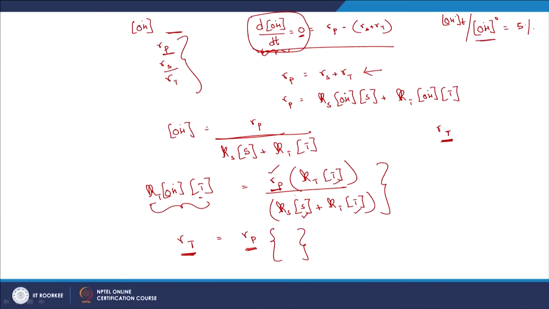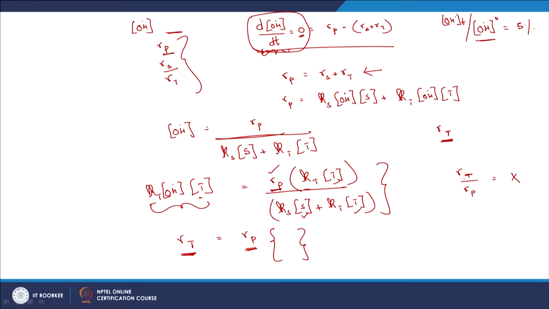And obviously, if you look at this set of variables here, Kt times T by Ks times S plus Kt times T, what is that giving you an idea about? It gives you an idea about the rate of loss of the target with respect to the rate of production of your radical, right. That is what we see here. This particular variable, let us say I call that x.